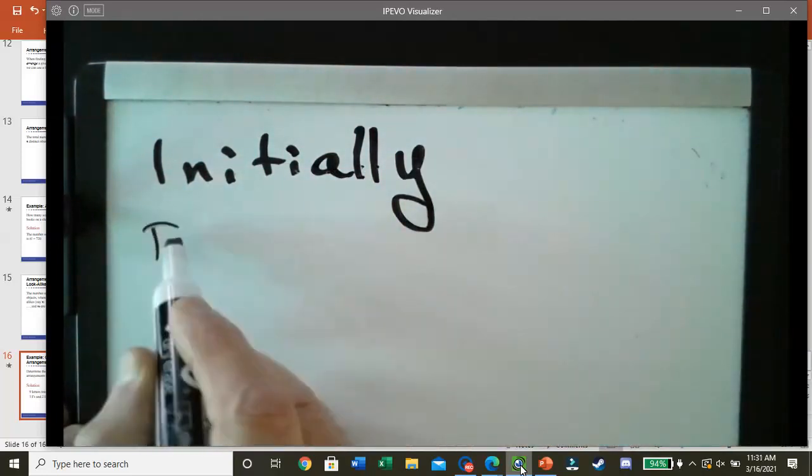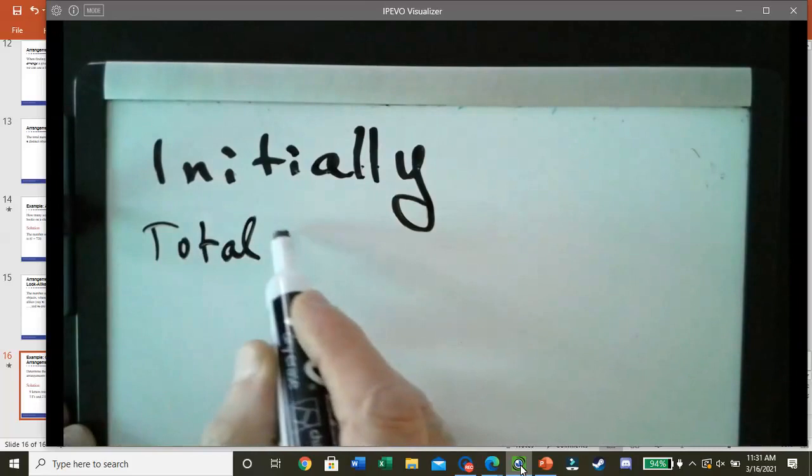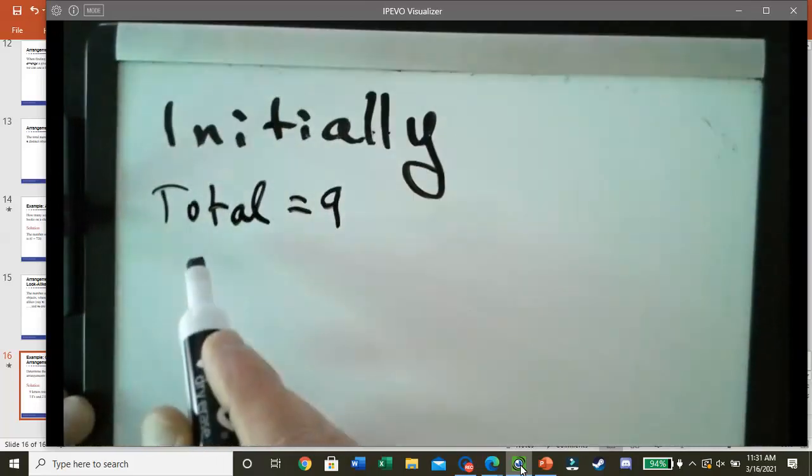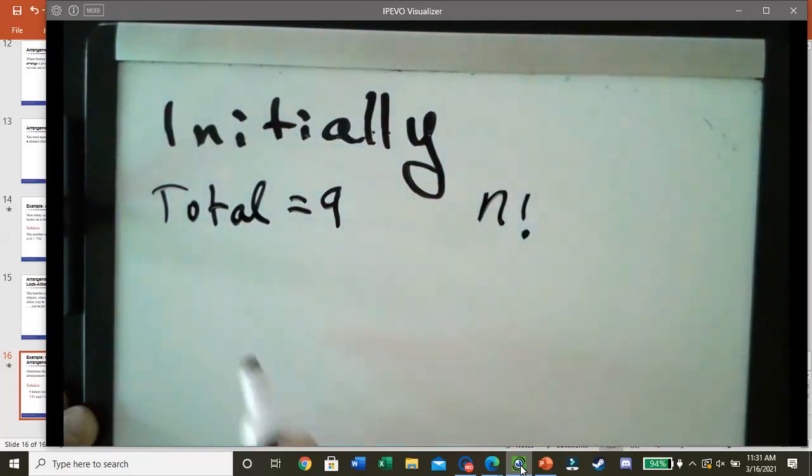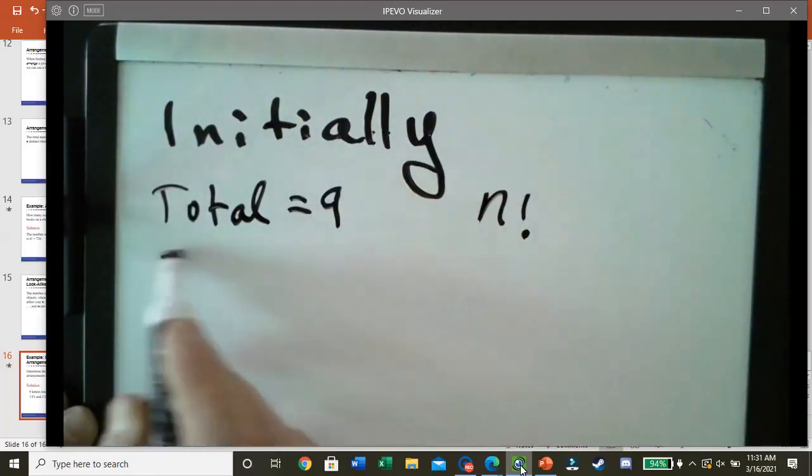So the total is 9, and that's our n factorial. But we have some repeaters, right?